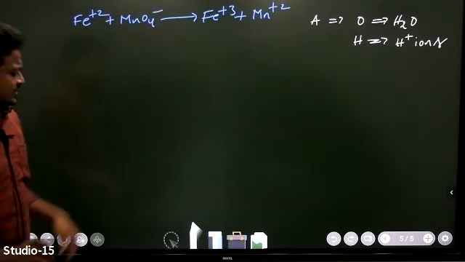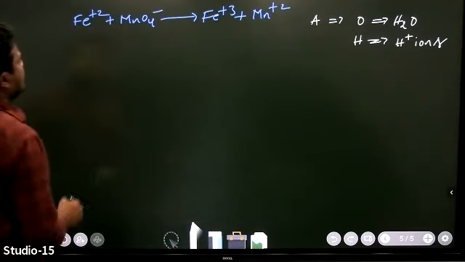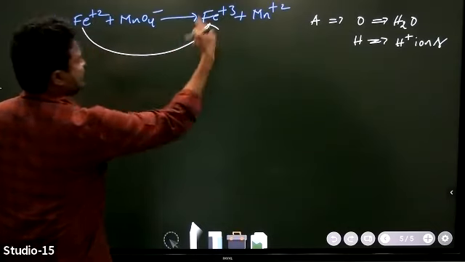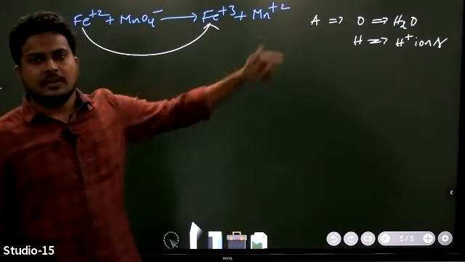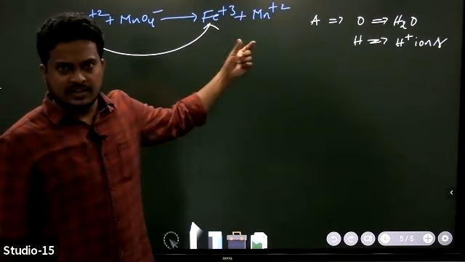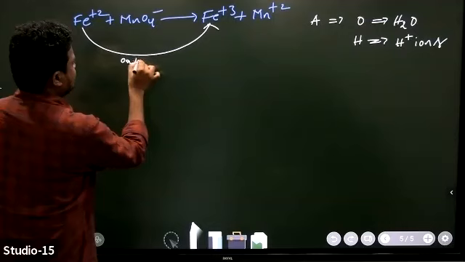Now find the oxidation states. Listen carefully, this is most important. From Fe plus 2 to Fe plus 3, does the oxidation number increase or decrease? It increases, so removal of electrons takes place. This process is called oxidation.